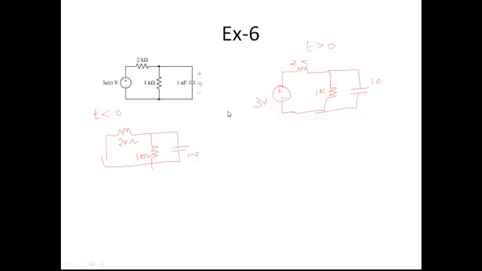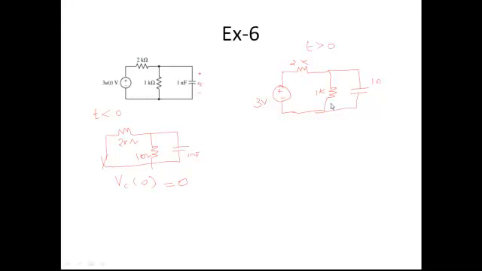Now, from the circuit, you will find Vc of 0, and then apply it to this particular circuit. So what is Vc of 0 here? You can see there is no voltage source for t lesser than 0. If there is no voltage source under steady state, all the energy stored by the capacitance will be dissipated and decayed. So Vc of 0 at steady state will become 0.